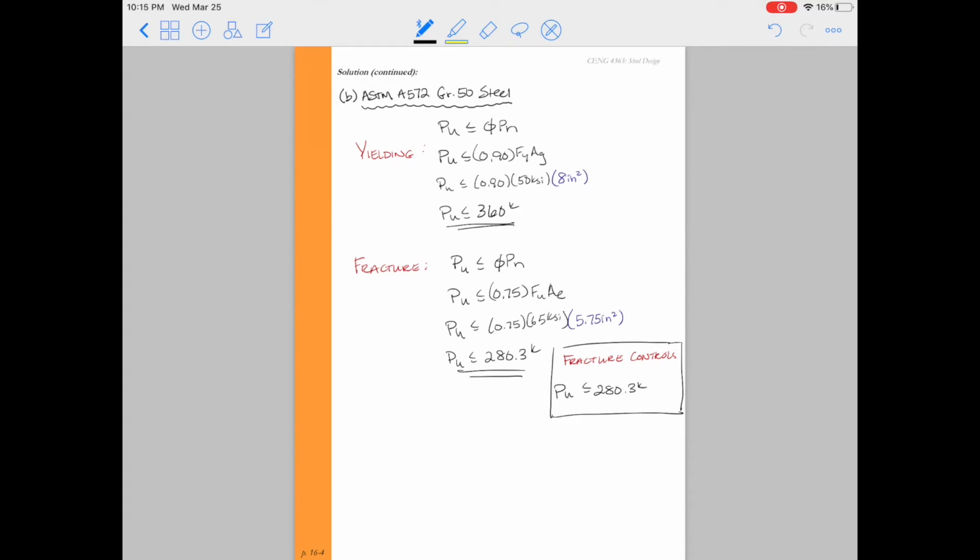Okay, so hopefully you got to those answers. So much like part A, fracture controlled the design of part B for the grade 50 steel. In part C, we want to actually draw some meaningful conclusions from this.